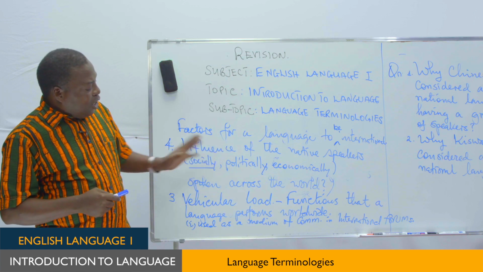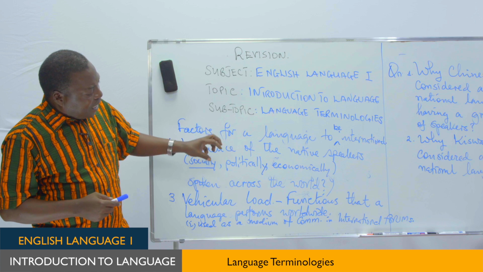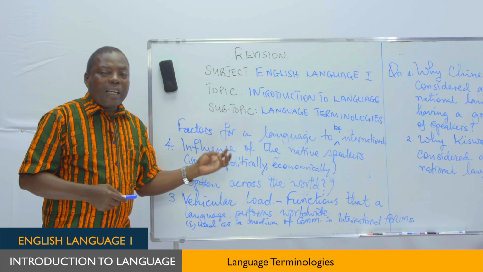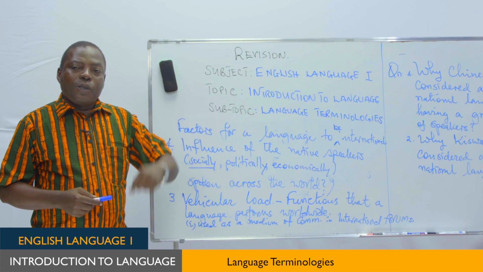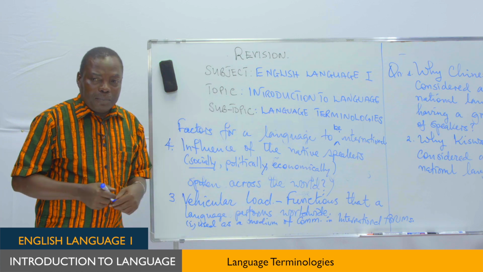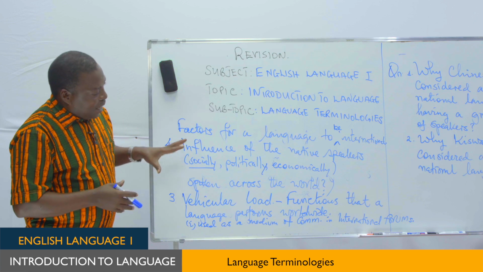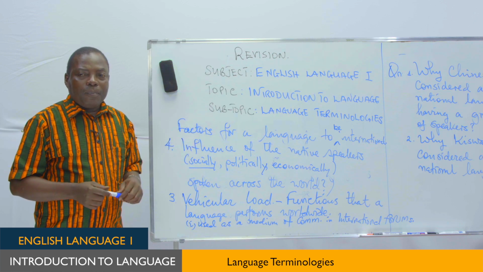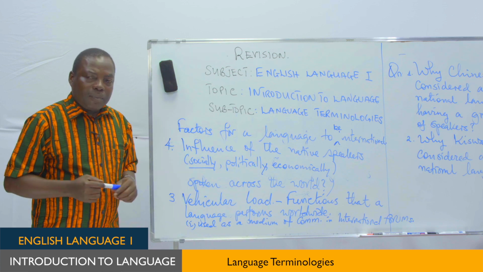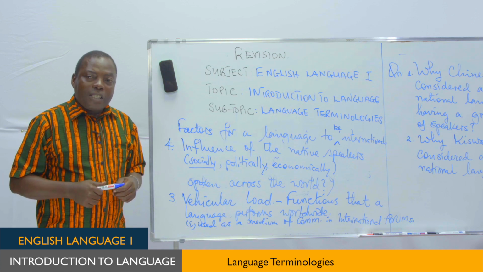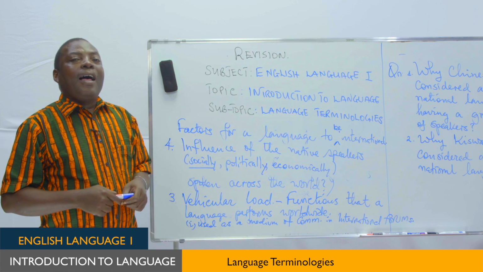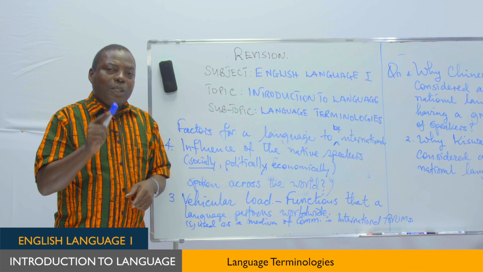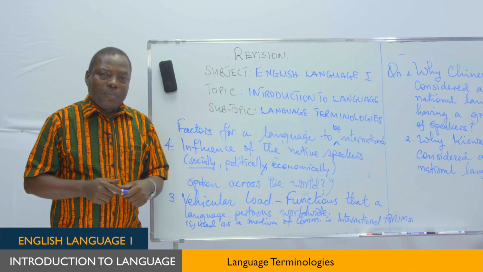So the native speakers, if they are socially, politically, and or economically powerful, as I said before, can influence other people to speak and use their language. And that is factor number 4. And these are the points and all the features that make a language become international.